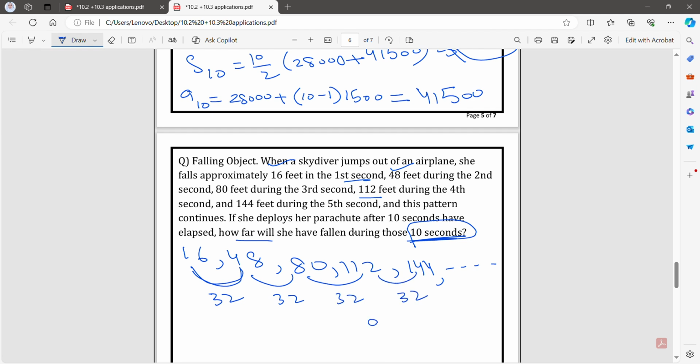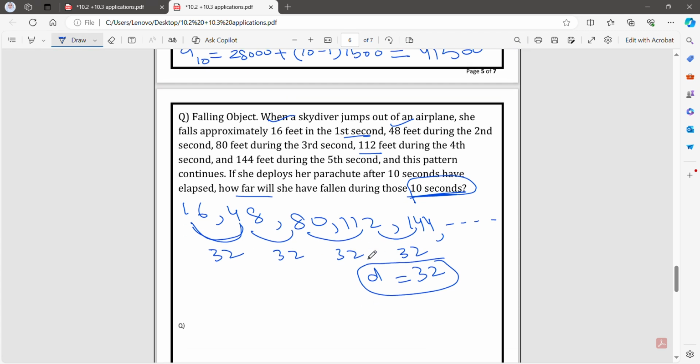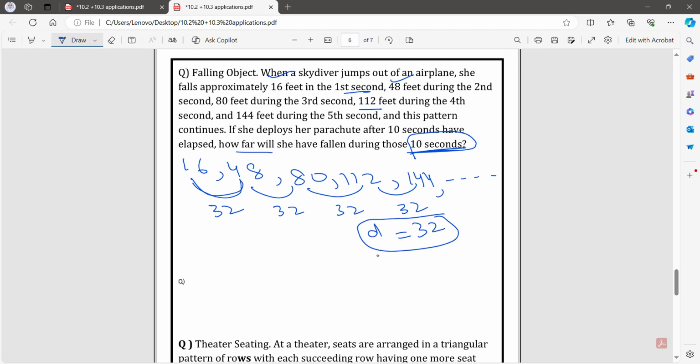So D is equal to 32, it should be positive because 48 is bigger, right? The common differences are the same, so this is an arithmetic sequence. Now we need to check how much the height is in total 10 seconds.